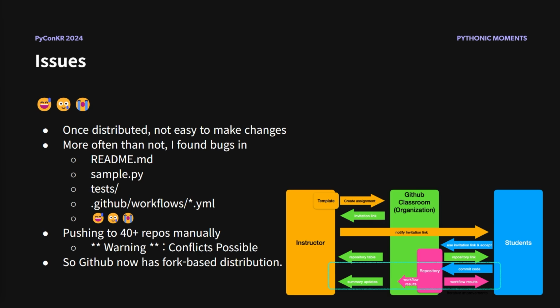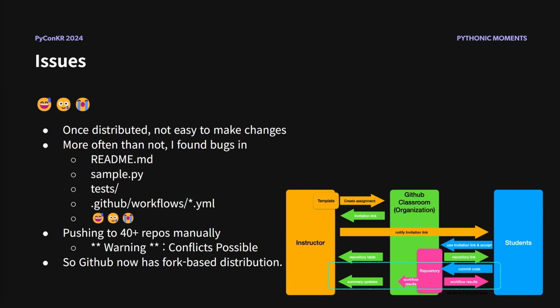So the issues I encountered were, once this important step happens, which is distribution of the invitation links to the students, if there is any change required, it is almost impossible. Before I distribute the link, I have more freedom to make changes to the templates and the repositories.